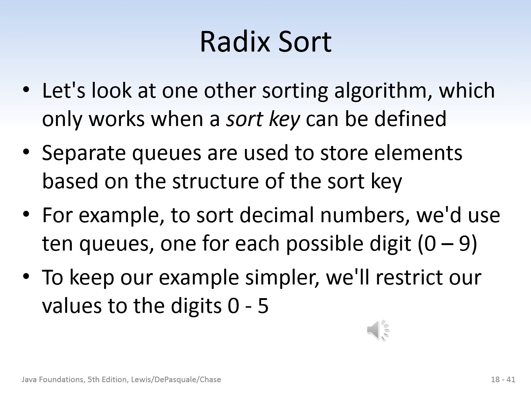One example would be to sort decimal numbers, where we'd use 10 queues, 0 through 9. However, in the example we're about to demonstrate, we're only going to use digits 0 through 5 to keep the example simpler, and we can expand that to include all digits if you'd like after that.